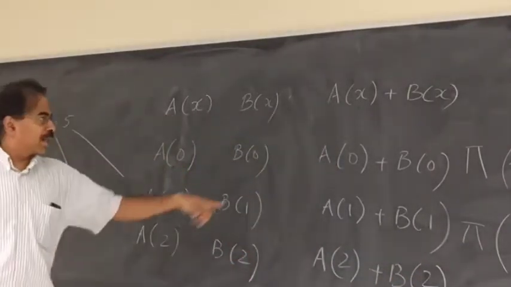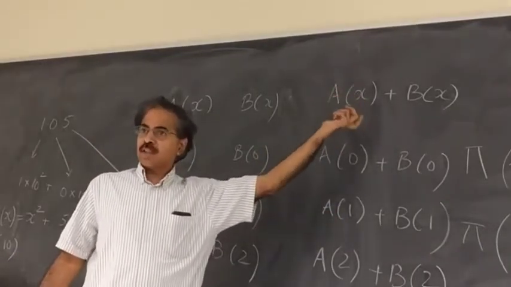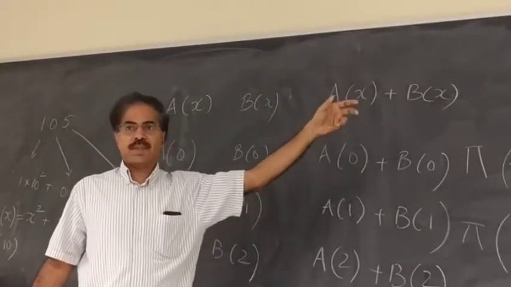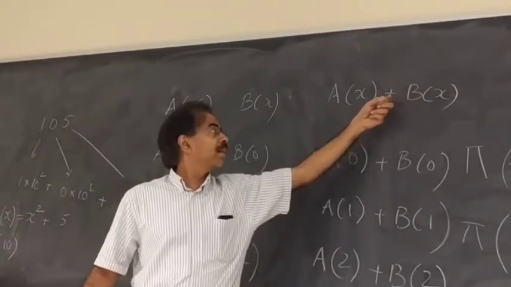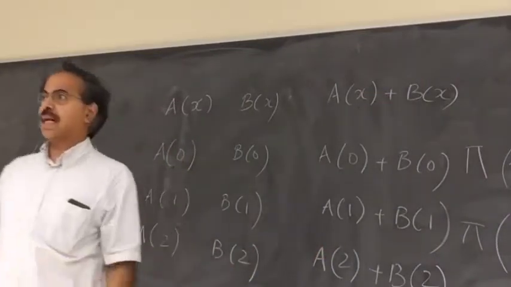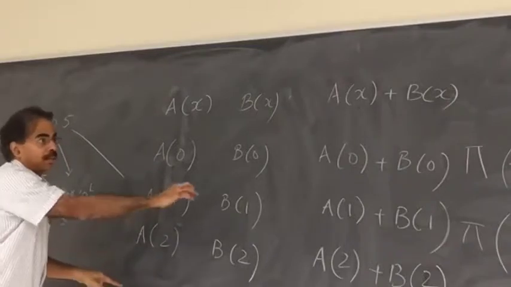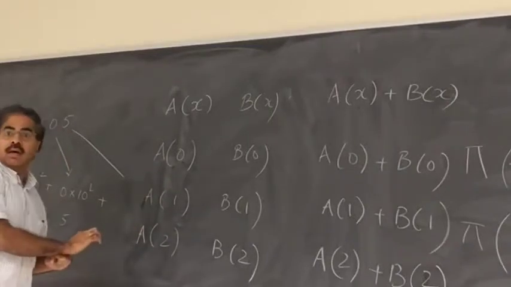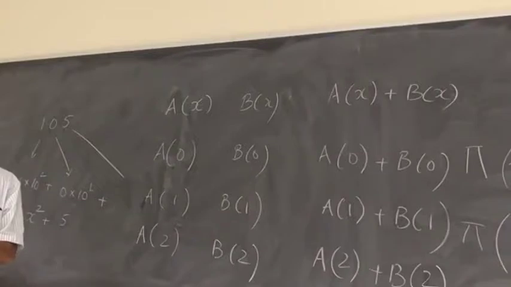And of course, when I said you can do the operation before the substitution or after the substitution, it didn't matter what the operation was. If I had a multiplication here instead of plus, it would still apply. Which means that once I have this table of values, point-wise addition and point-wise multiplication will have the effect of actually adding or multiplying the polynomials.